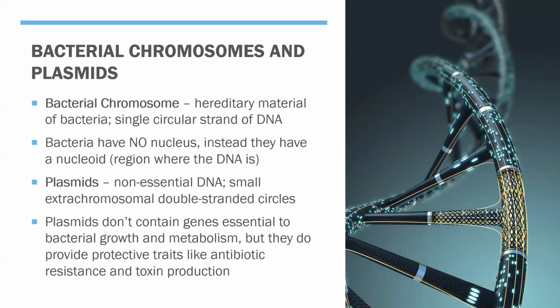Plasmids won't contain genes that are essential to the everyday function of the bacteria, very basic things like the code for molecules involved in metabolism, but they will provide them kind of superhero-like traits, things like protection from antibiotics, or the ability to break down certain toxins.